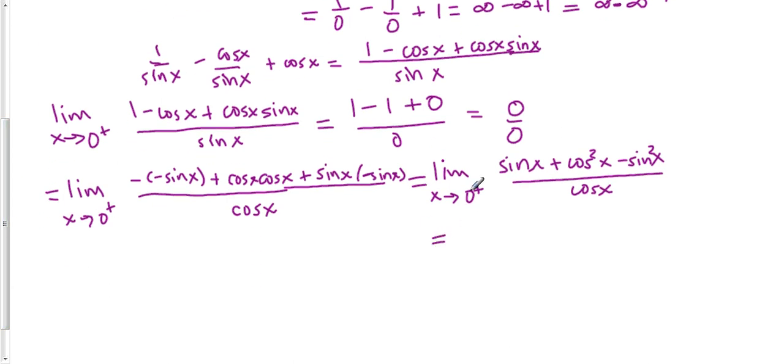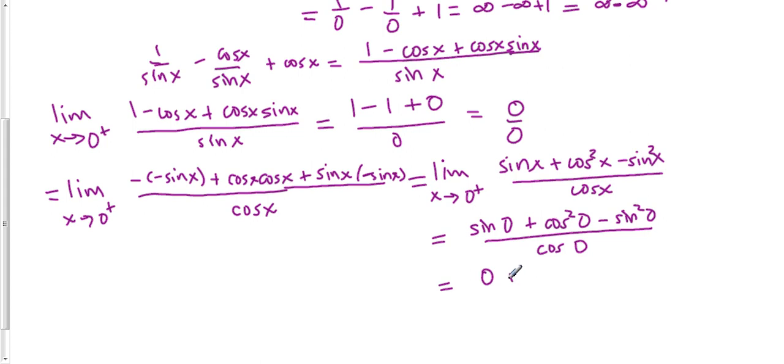So if I substitute in, I'm going to have the sine of 0 plus the cosine squared of 0 minus the sine squared of 0 all over the cosine of 0. So as we've said before, sine of 0 is 0, cosine of 0 is 1, another minus 0 there, all over 1, and I'm going to end up with a limit of 1, and that agrees with what we thought we saw with the graph.